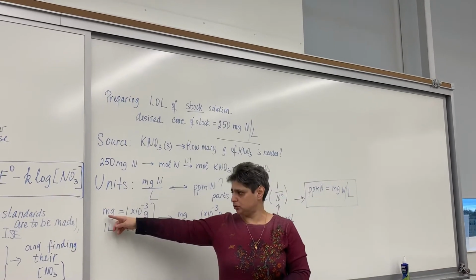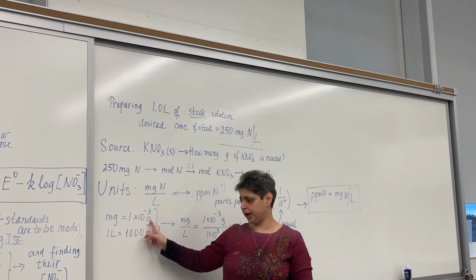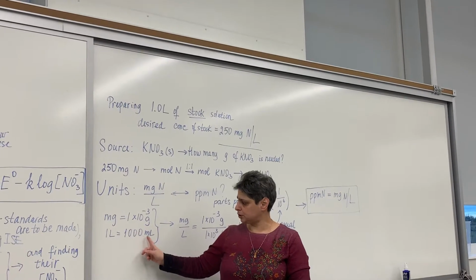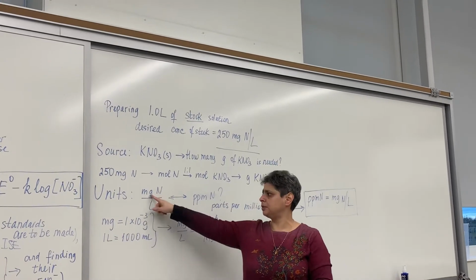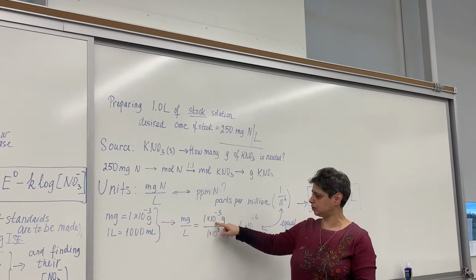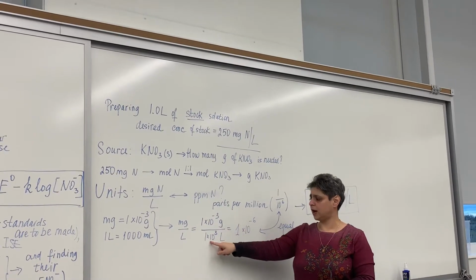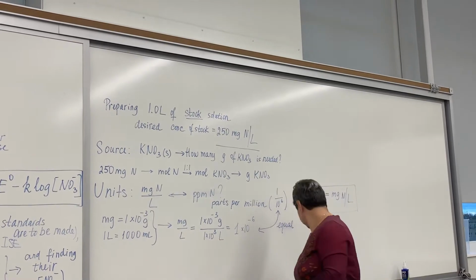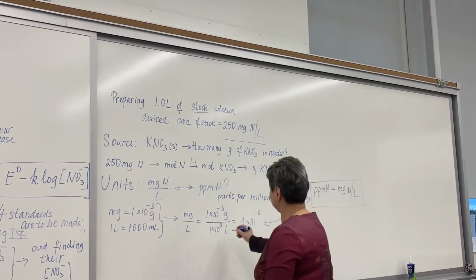So to remind you, 1 milligram is equal to 1 times 10 to the negative 3rd gram, and there is 1,000 milliliters in 1 liter. So if we put 1 milligram over liter, it means we're putting 1 times 10 to the negative 3rd grams over 1,000 milliliters. I wrote it wrong. Make a correction real quick.